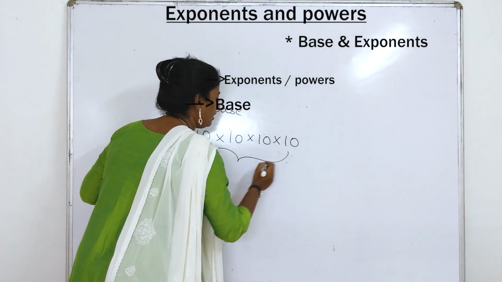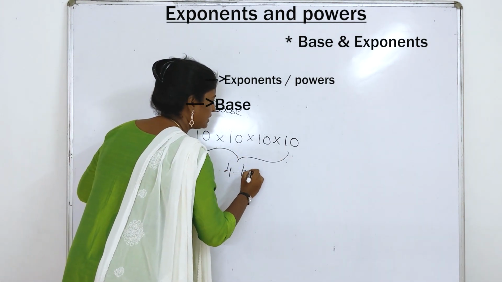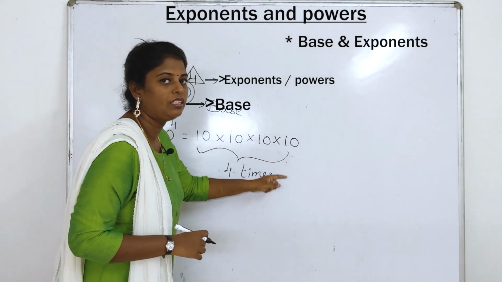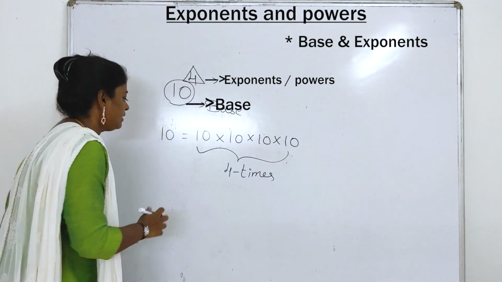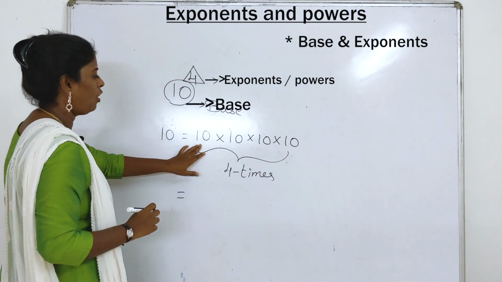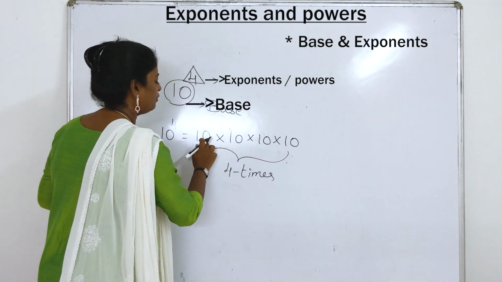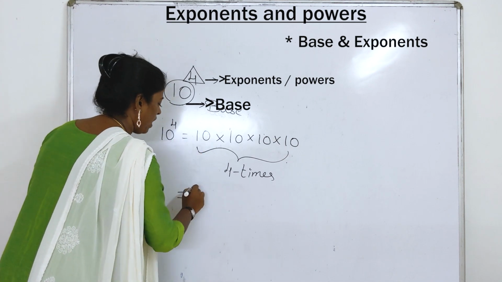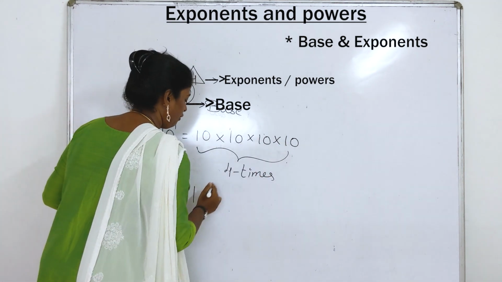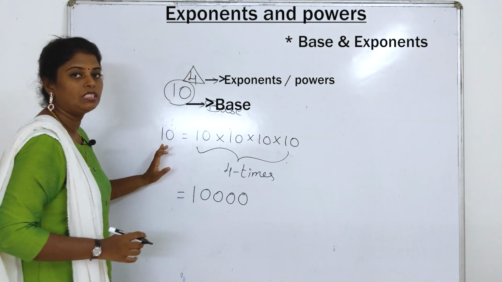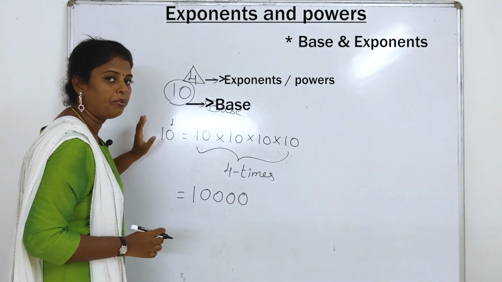So 10 power 4 is nothing but 10 into 10 into 10 into 10. And this is equal to, how many zeros are here? 1, 2, 3, 4. So just write 1 and write the 4 zeros here. This is the value of 10 power 4.